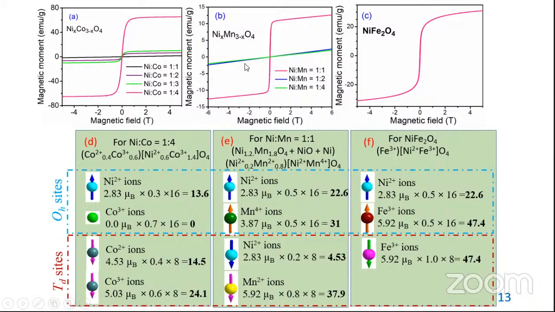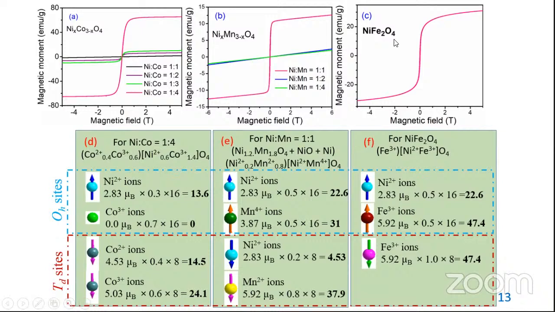In the case of nickel manganese oxides, only nickel manganese 1:1 gives superparamagnetic behavior. Others show paramagnetic behavior.